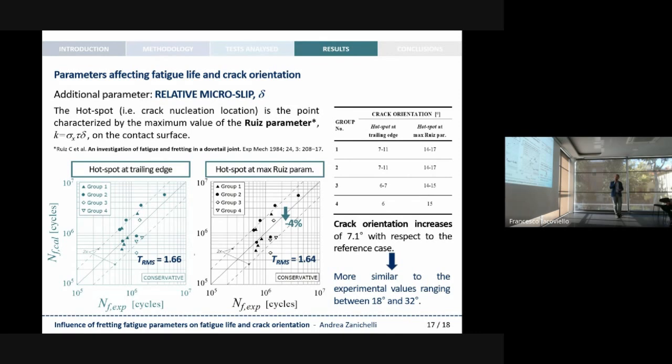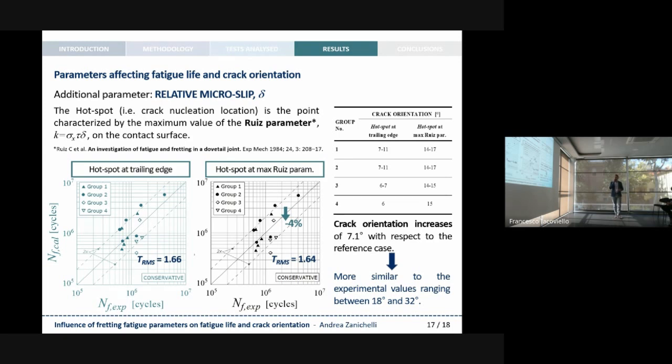Also here we have in light green on the left the reference case, and on the right the estimations obtained in terms of fatigue life by considering the hotspot maximizing the risk parameter at the contact surface. We can see that the fatigue life slightly decreased, only 4% of decrease, and the TRMS value is almost the same as the reference case, that is 1.64.